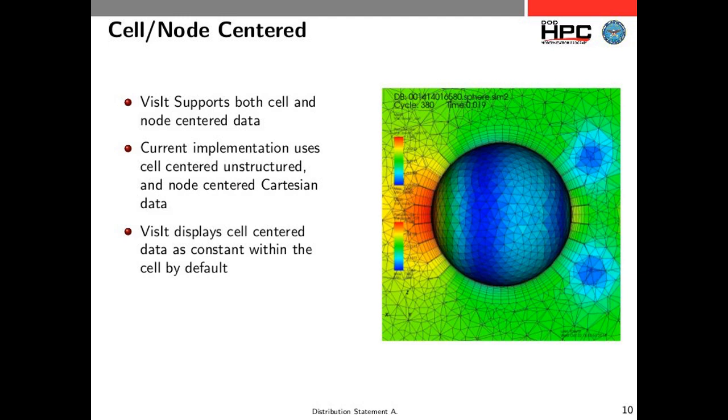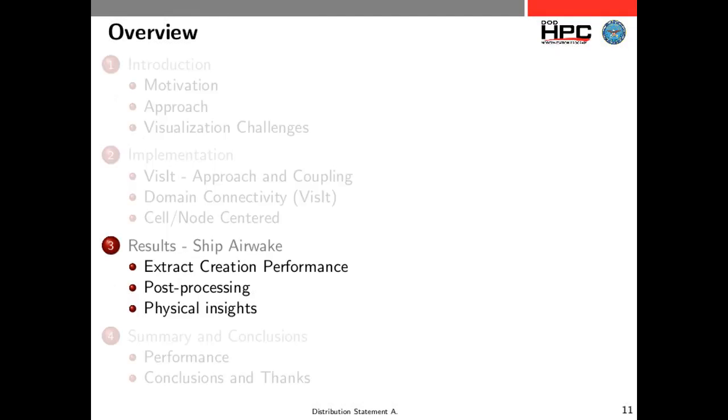Visit will then display the variables as being constant within the cell, so you can get a really good, accurate picture of what the computation is actually doing. However, that looks a little funky, so you can also select to view it on nodes, so it'll take the cell center values and interpolate on the nodes for you if you want to view it that way.